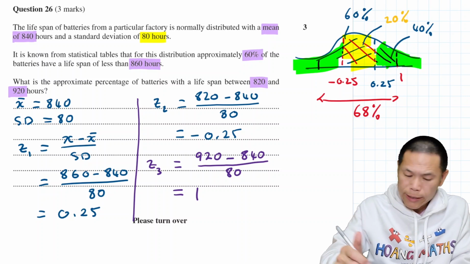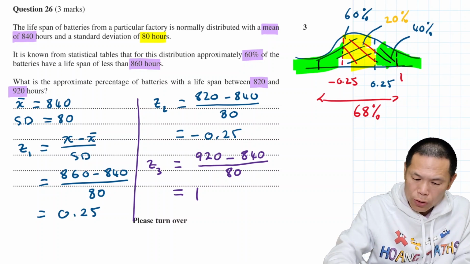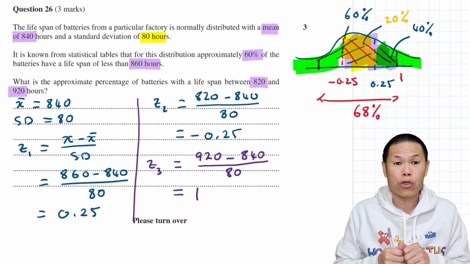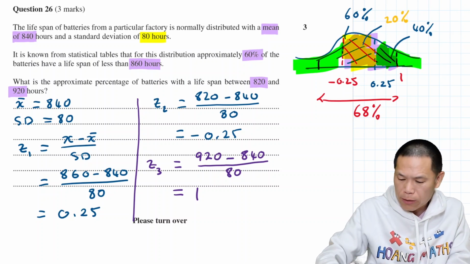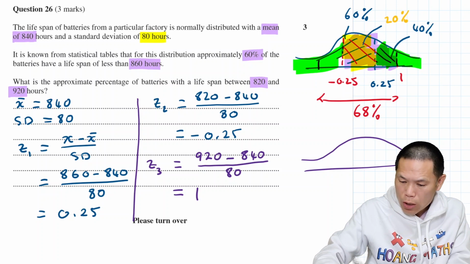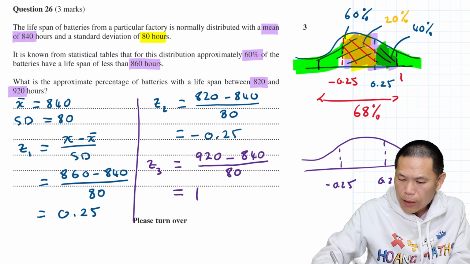So a lot of things happening here. So now to work this out, the question is we need to work out between 1 and negative 0.25. So this is the answer. Let me just redraw the normal distribution diagram, okay, to make it a bit clearer. So first of all, we know that from negative 0.25 to 0.25 is 20%, okay?